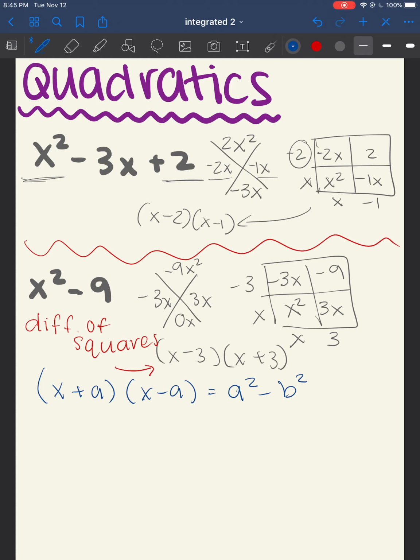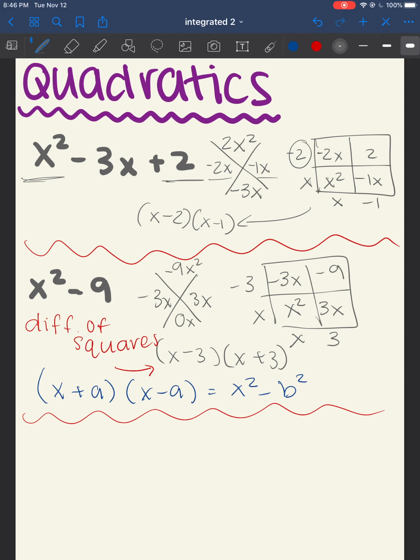Since you're using x's, this a would actually be x squared in terms of this problem. But let's say your variable was like c or d. That's basically what this placeholder means, the first number squared. So that's difference of squares. And then there's also a perfect square. So let's do an example for that one.